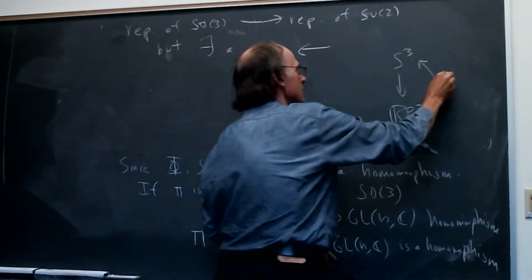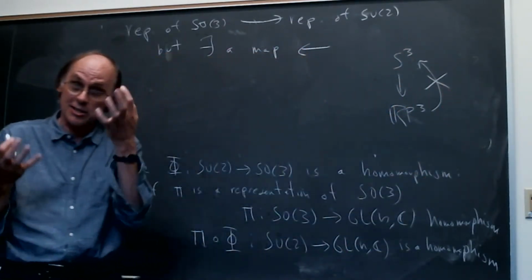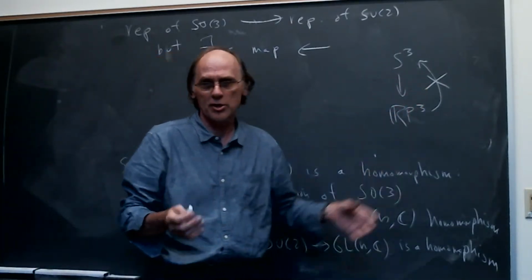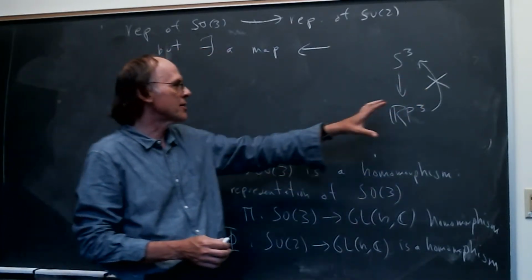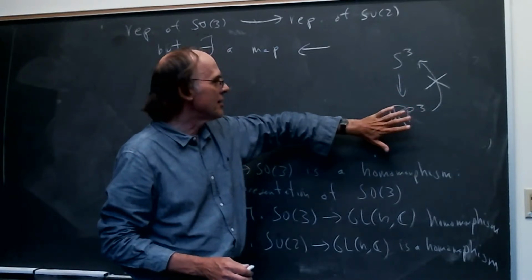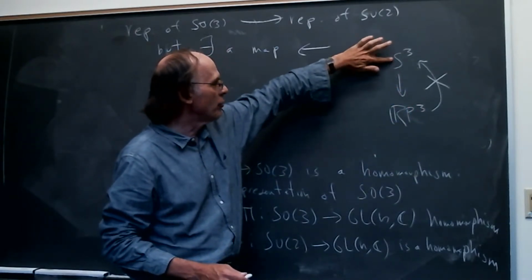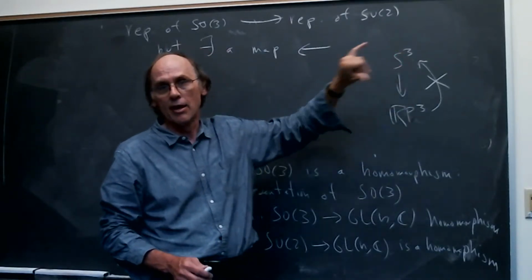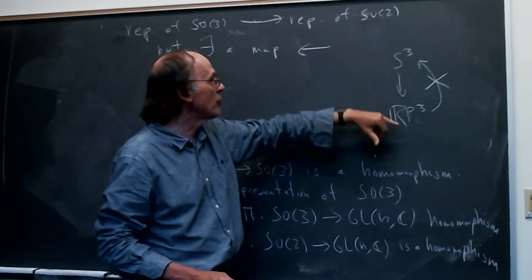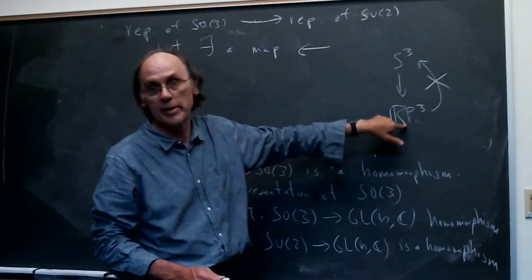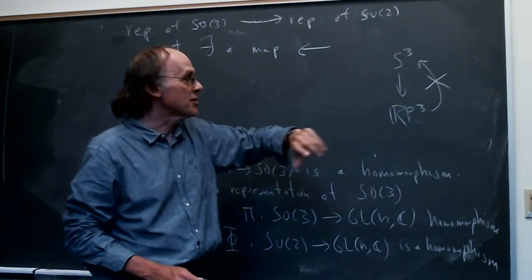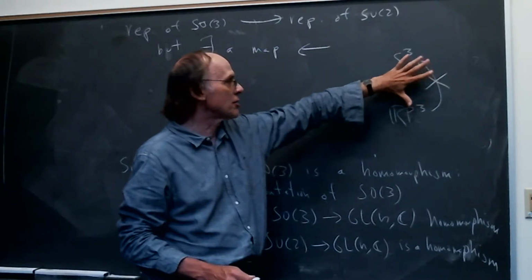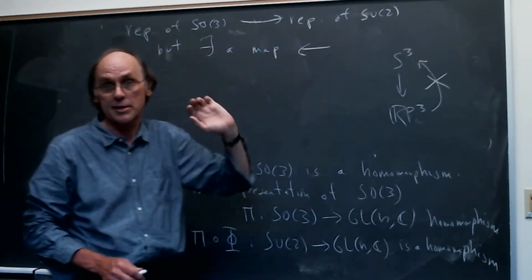So this just can't exist for topological reasons. And much less could you have what you really would need, which would be a homomorphism from here to here. So there's a topological argument that you can't do this.